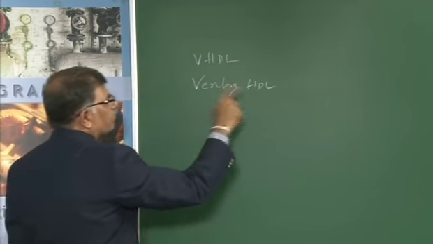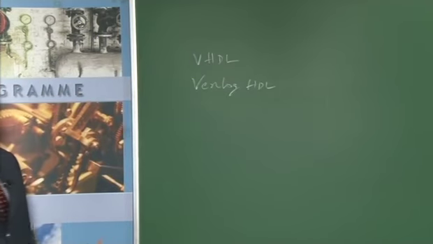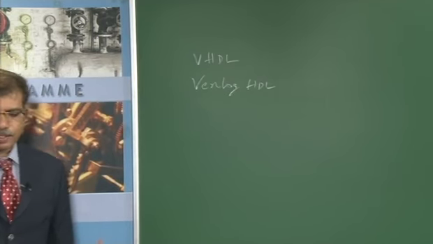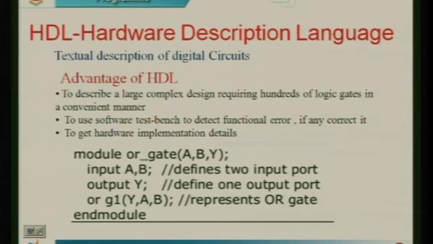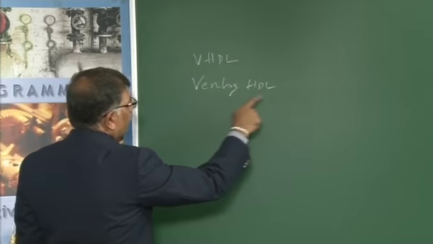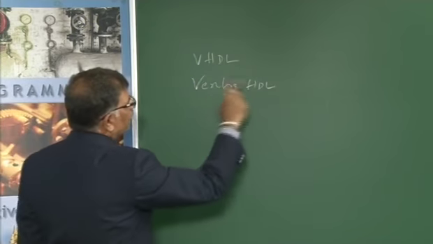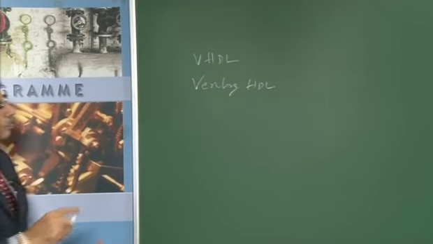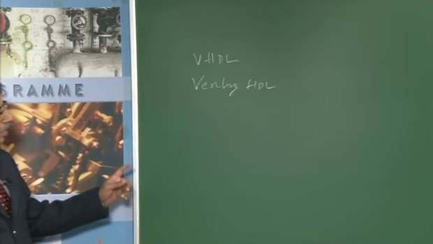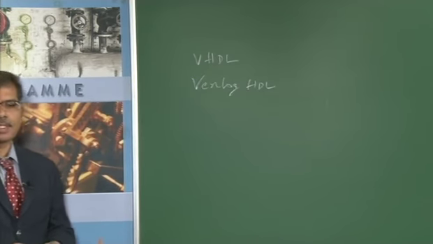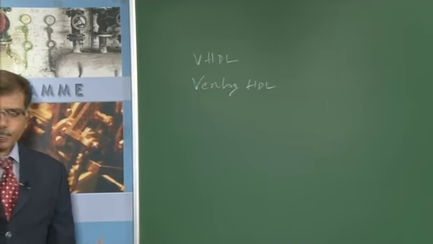Verilog HDL is nothing but a verification language. The features of VHDL and Verilog HDL are common, but the most preferably used is Verilog HDL. VHDL is more of a documentation type, and Verilog is almost like a traditional language that you have studied in previous semesters, something like the C language.